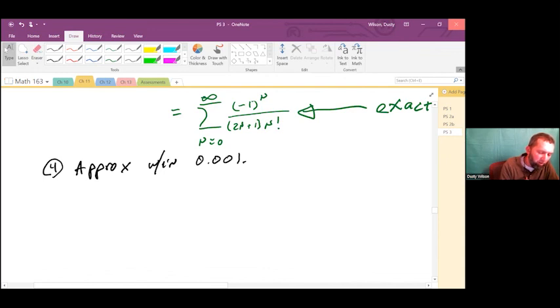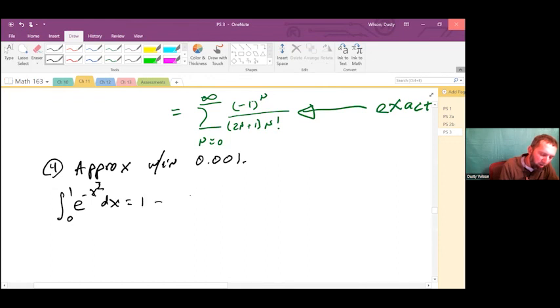The first term, when n equals 0, we have the integral from 0 to 1 of e to the negative x squared dx, and this would be 1 over 1. So I think it's just 1 for the very first term.